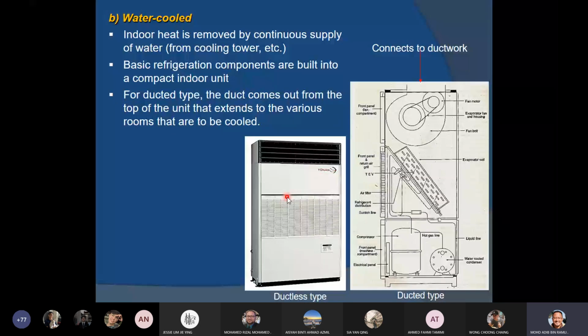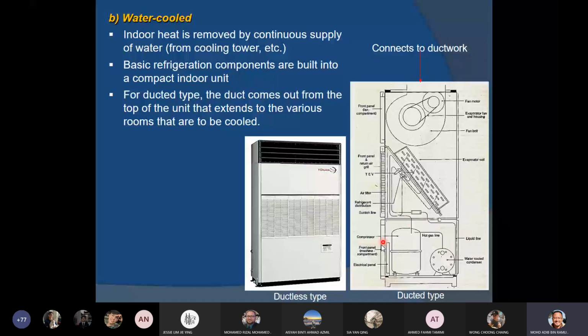So ductless type, where there are two kinds of system that can be used. There are two types of package unit that can be used for this water cool, which is ductless type and ducted type. So ducted type, you can see the section here, right?